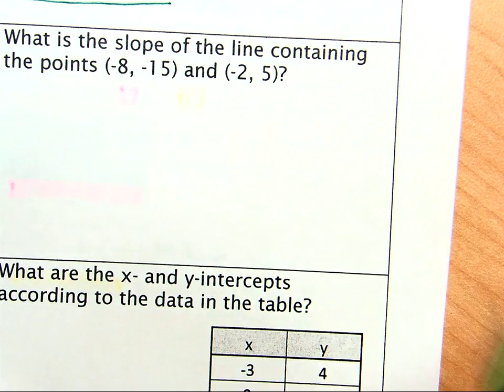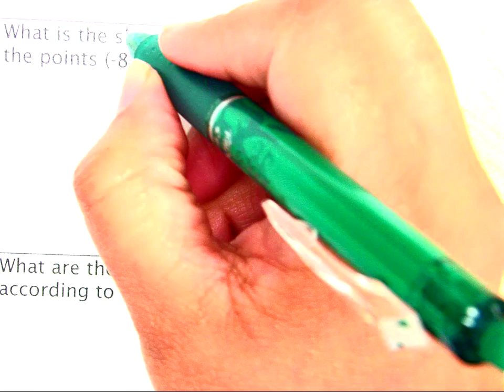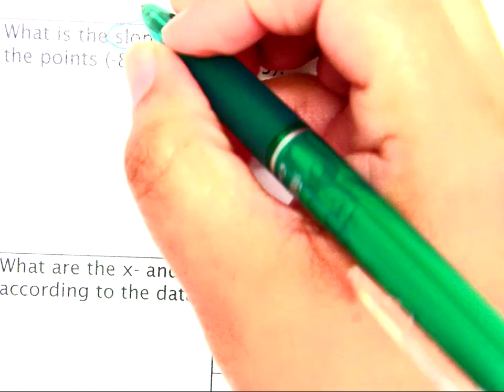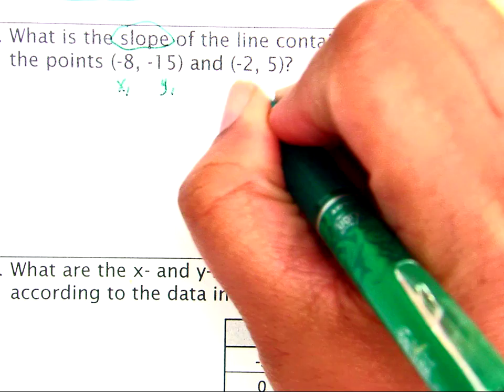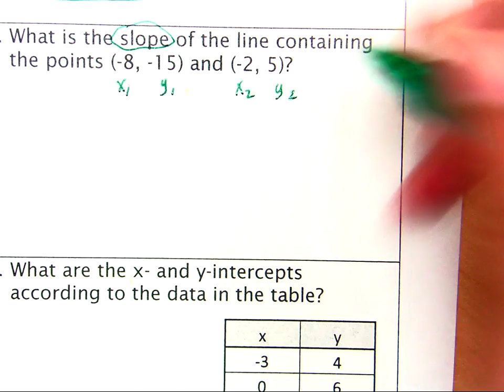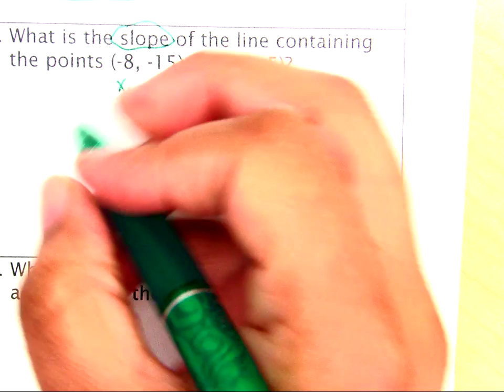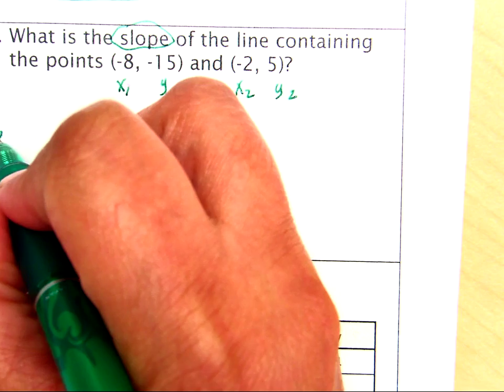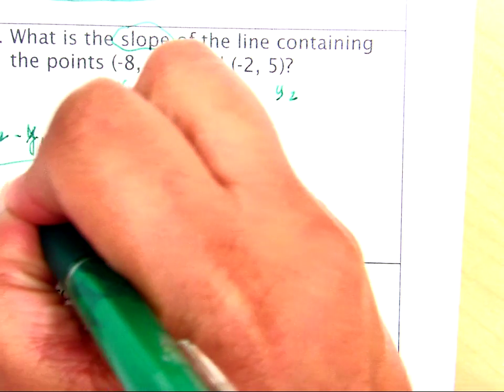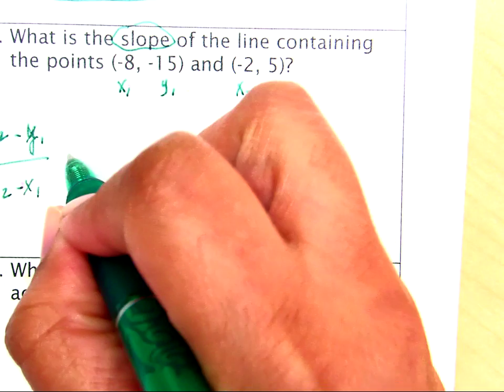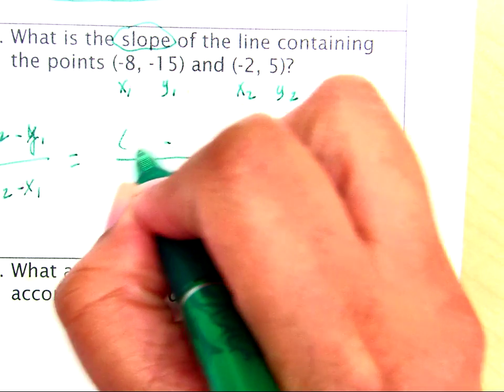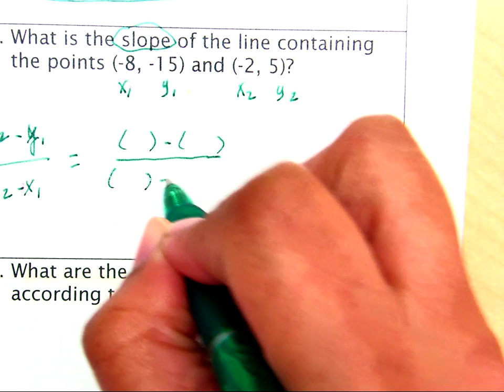Okay, slope of a line. Slope. You're given 2 points. Remember, this is x1, this is y1, x2, y2. So your formula is y2 minus y1 over x2 minus x1. And you are literally plugging in numbers. These are always minus signs.